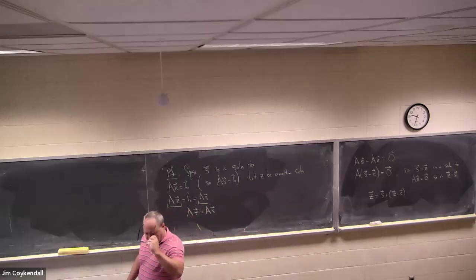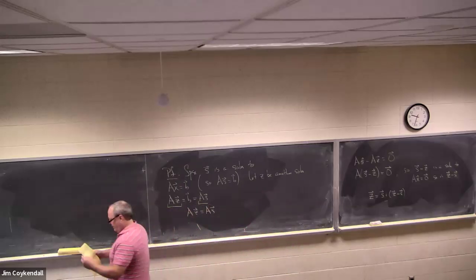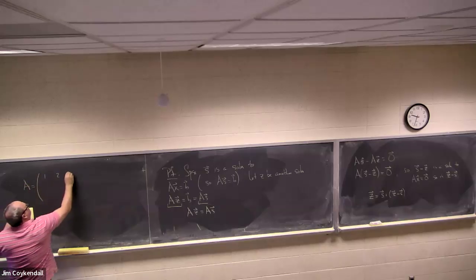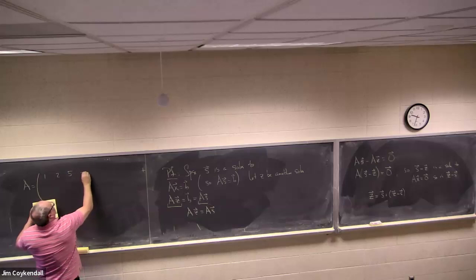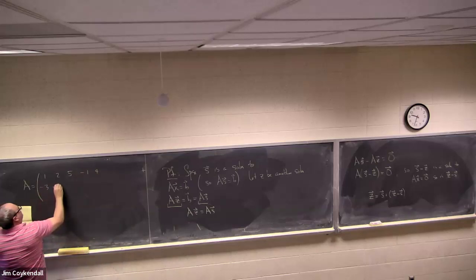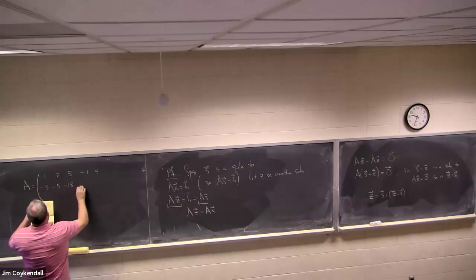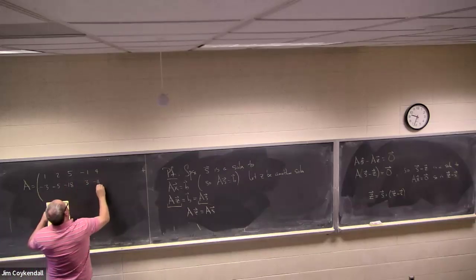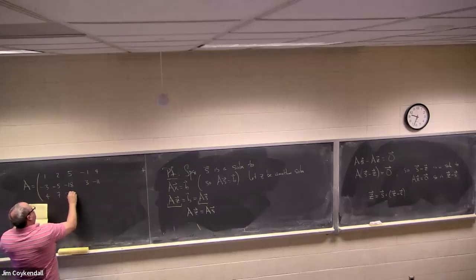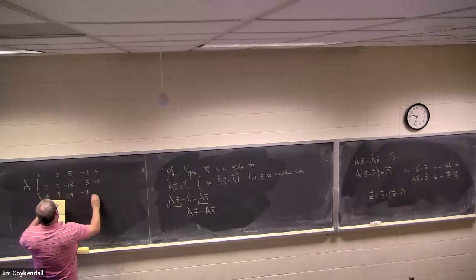Okay, so let's do the following matrix here. Let's let A be the matrix with entries 1, 5, minus 1, 4, minus 3, minus 5, minus 18, 3, minus 11, 4, 7, 24, negative 4, 15.